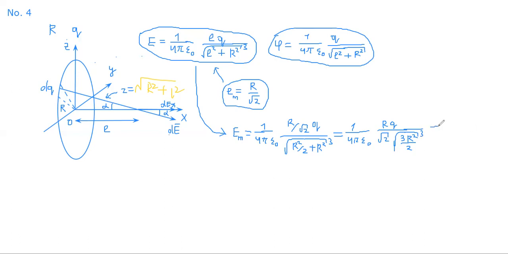And this is equal to 1 divided by 4π epsilon 0, times r q divided by square root of 2, square root of 3, r squared.